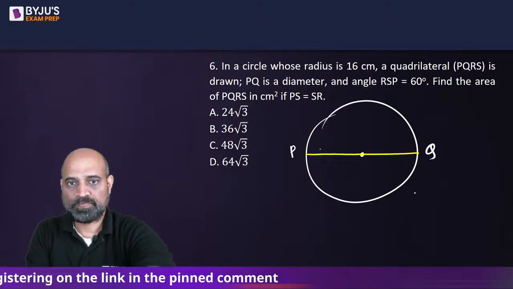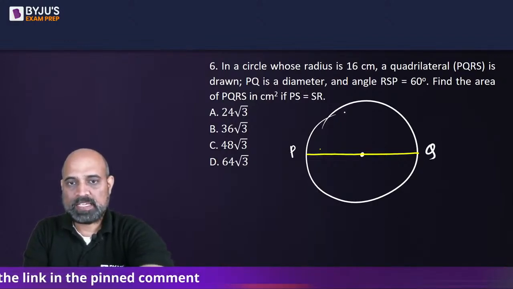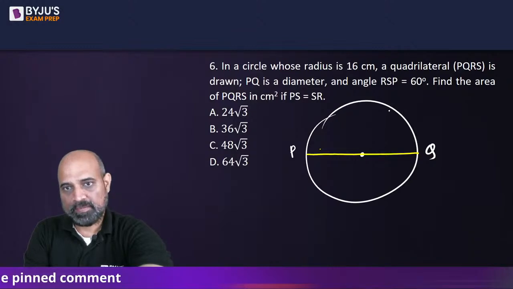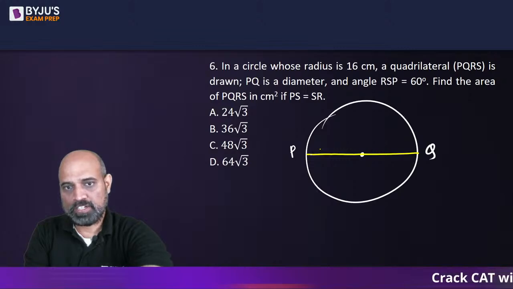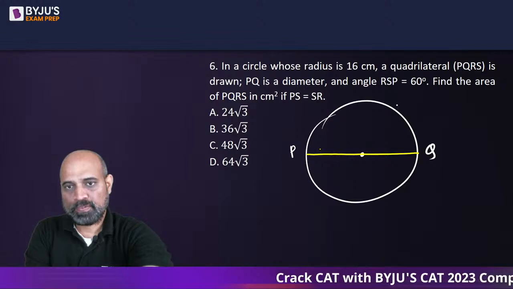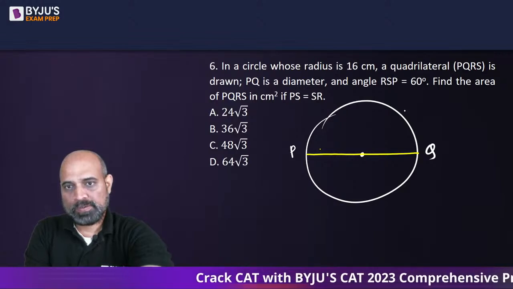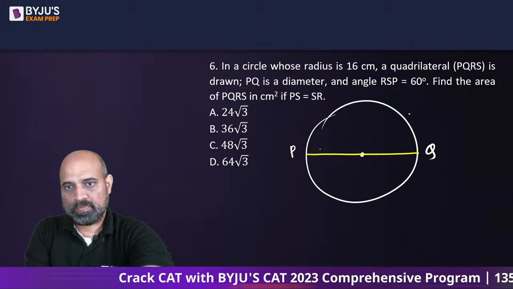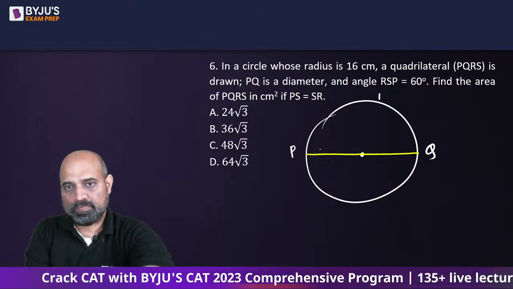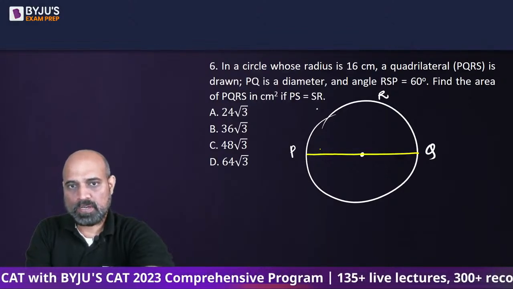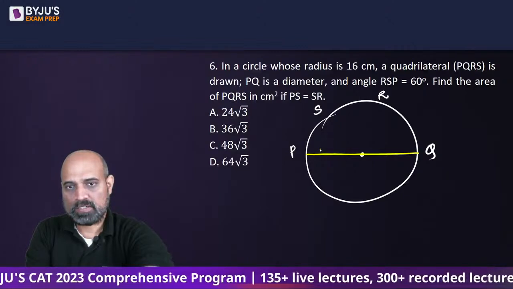So PQ. And PS and SR are same. And we have got RSP is equal to 60 degree. So we have PQRS.